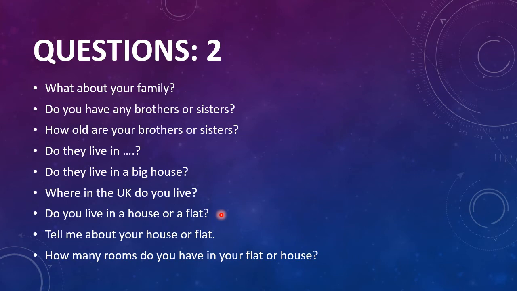Tell me about your house or flat. So this is where you have to tell a bit more detail. For example, you could say, well, my house is a 2-bedroom house, and it has a beautiful garden, and we have a driveway as well.